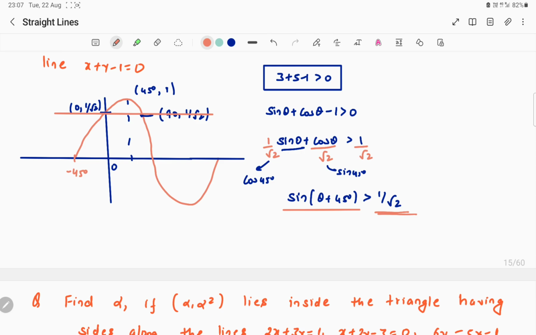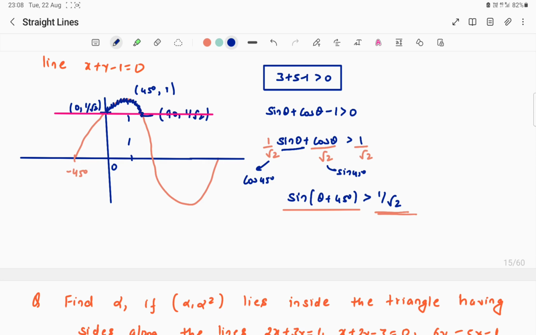Is it okay? So which portion of the graph do you want? You basically want this portion, isn't it? Because this is the portion where sine of theta plus 45 degrees is greater than 1 by root 2. Or by basic substitution also you could have calculated: if you substitute theta equal to 45, 45 plus 45 is 90, and sin 90 is clearly greater than 1 by root 2.